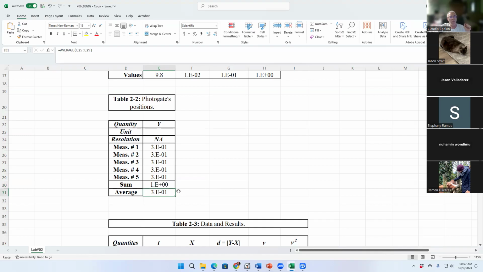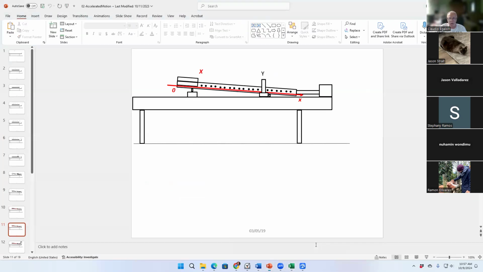What do we do? We put the photo gate at a fixed position. Don't change anything in the photo gate position, but get your cart, and little by little you approach the photo gate.